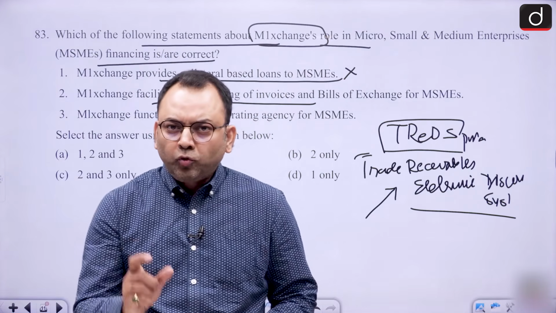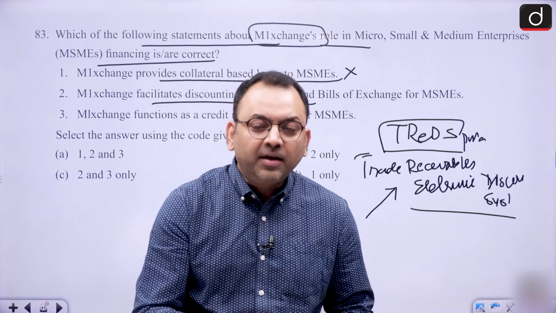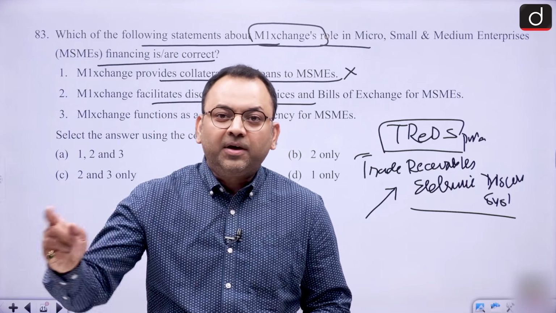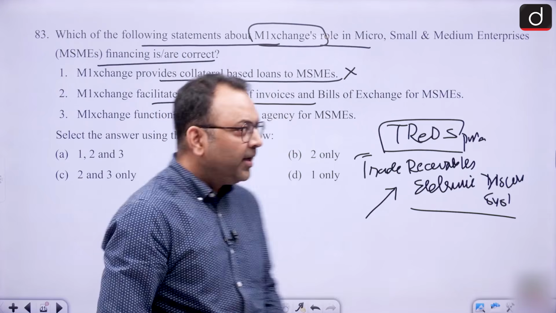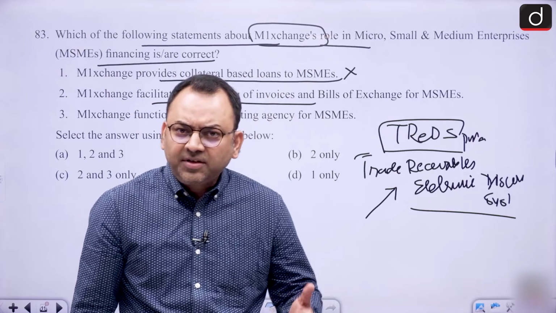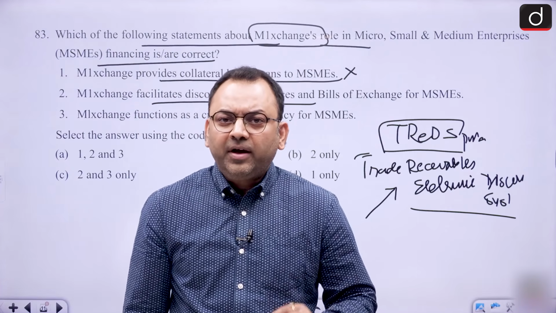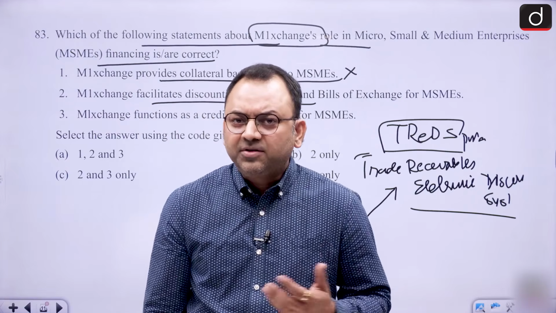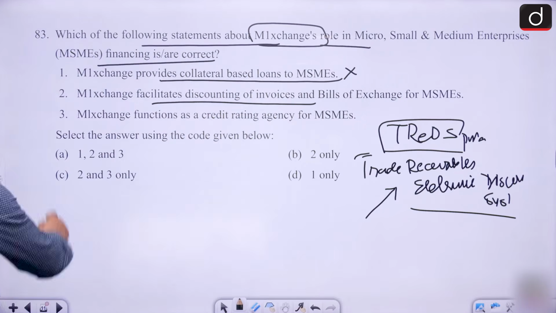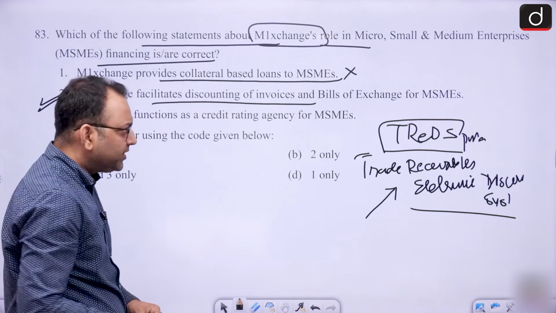The 2 rupees is the income of the bank, because they gave 98 but will collect 100 from the buyer of the goods. That's why the TREDS portal promotes the interest of the banks and NBFCs, as well as MSMEs getting instant, prompt payment without any delay. They can continue their business operations. That's why it's a portal to facilitate the discounting of invoices.